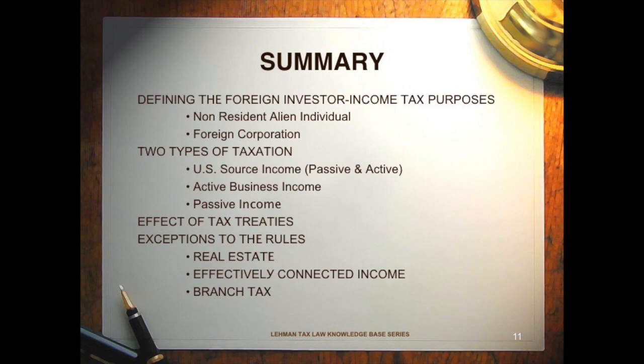We've looked at the treaties and how the treaties affect everything. And we've looked at some of the exceptions to the rule, which are the U.S. real estate, which is going to be taxed one way or another, and the branch tax, which one may run into.